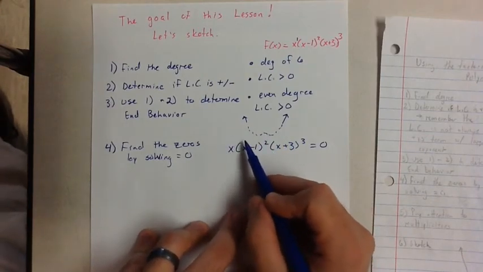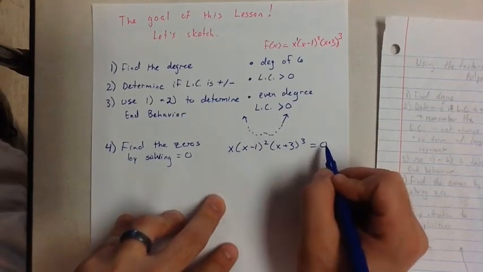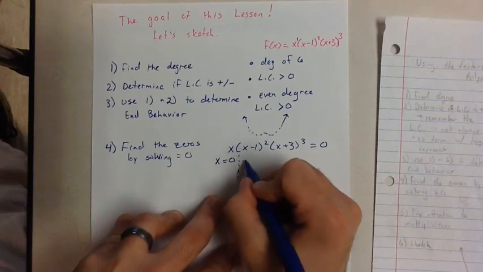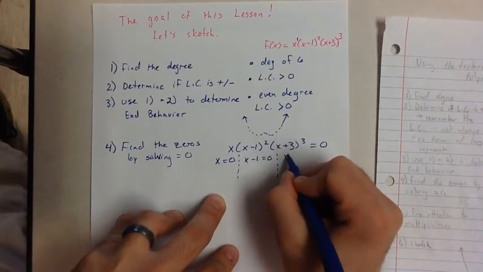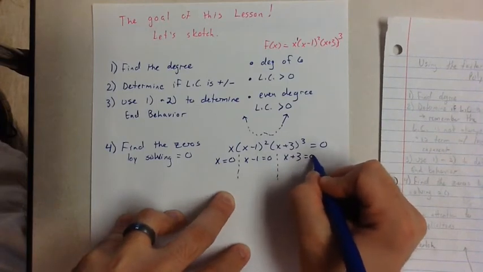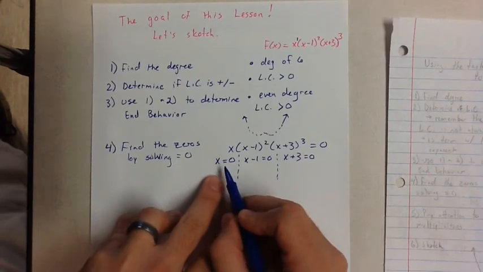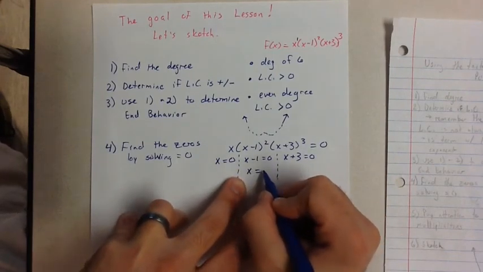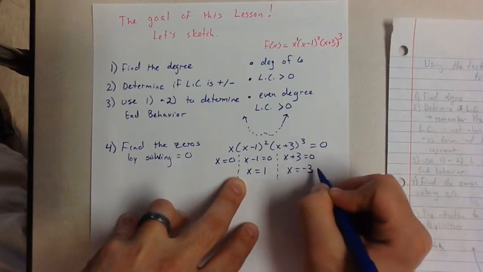We don't need to distribute an x or expand anything. We can say that for this to equal 0, we have x minus 1 equal to 0, or x plus 3 equal to 0. Second, we would find that x would equal 1, and then x would equal negative 3.